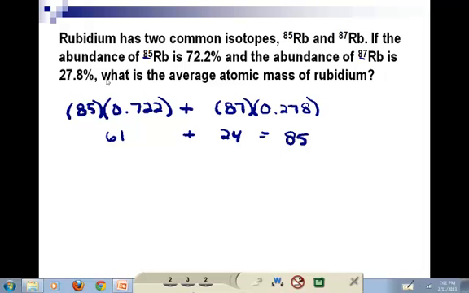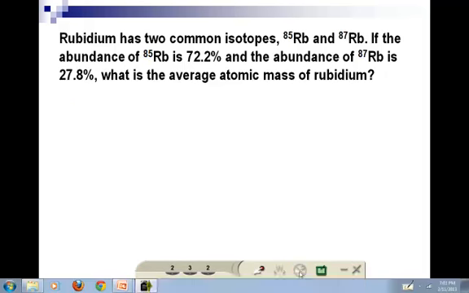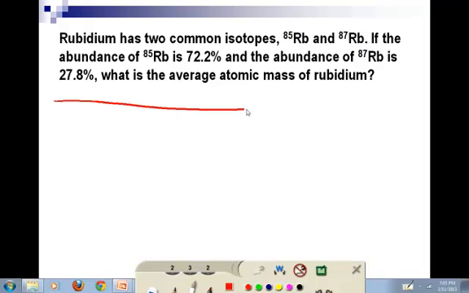But anyway, this is how you do fractional abundances. This is also how you're going to work on your Pinium lab. If you look at your Pinium lab, you know your percent abundance.